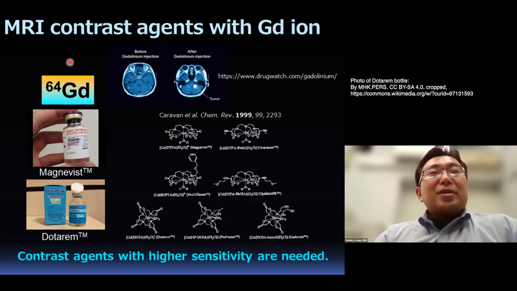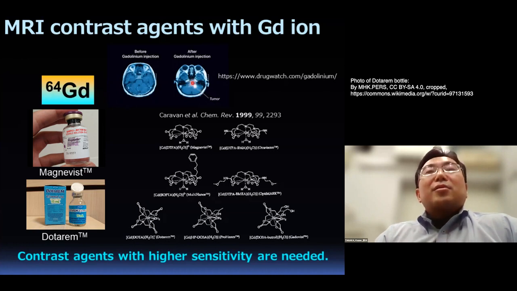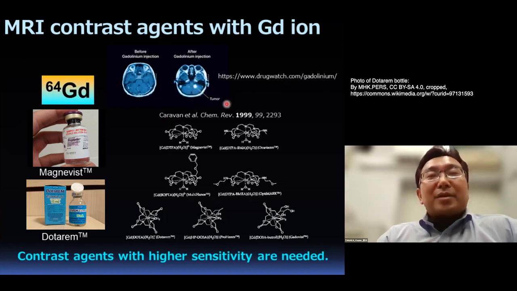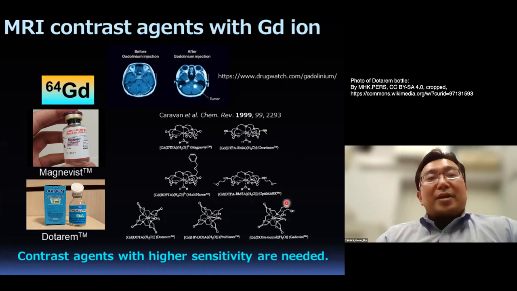Originating from the magnetic interaction of gadolinium ions and surrounding molecules, we can detect a clear shadow in the images. For these purposes, there are many types of gadolinium complexes used as MRI contrast agents.